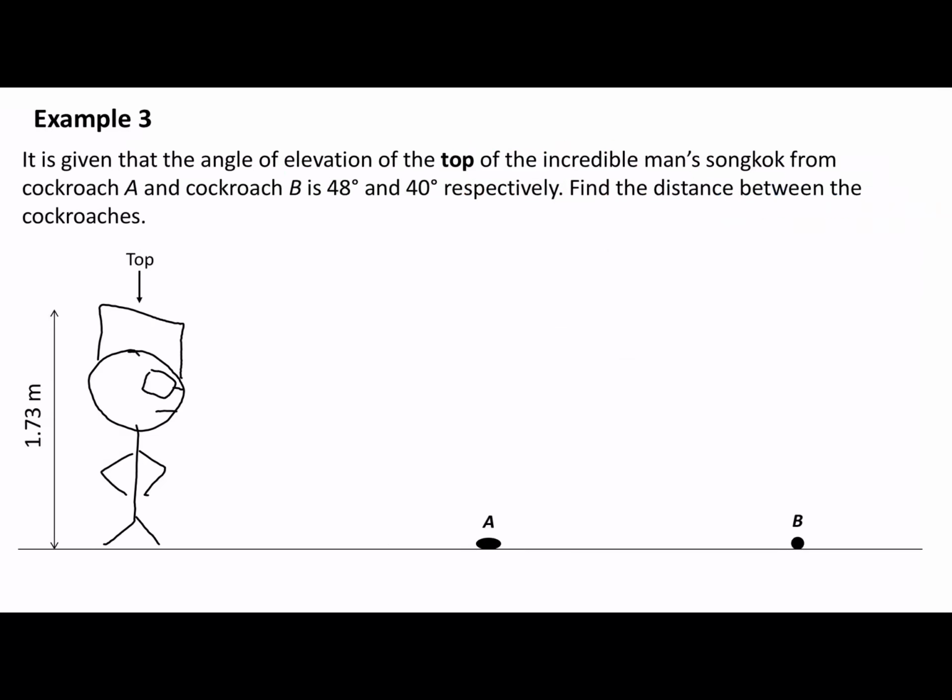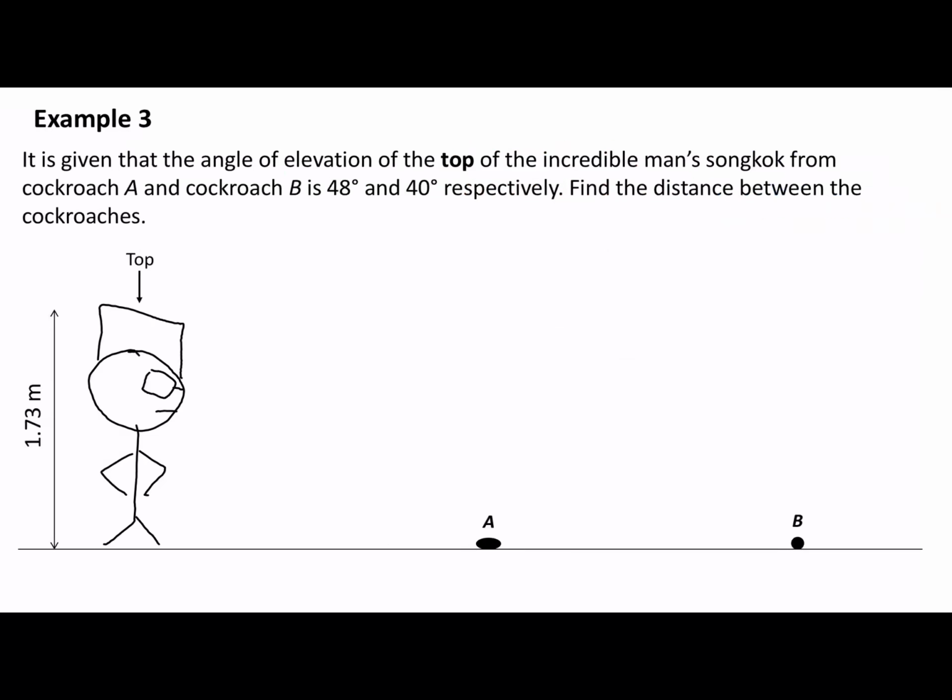In example 1 and 2, you only have 1 angle of elevation. And what did you do with the angle of elevation? You draw a right angle triangle. So logically, if you have 2 angles of elevation, you need to draw 2 right angle triangles. Do you see the logic?